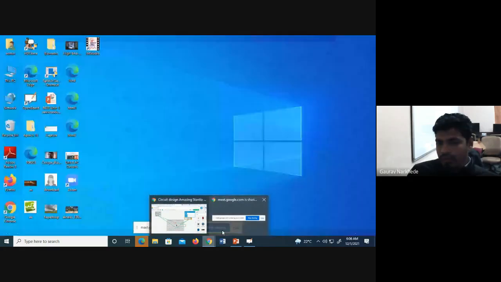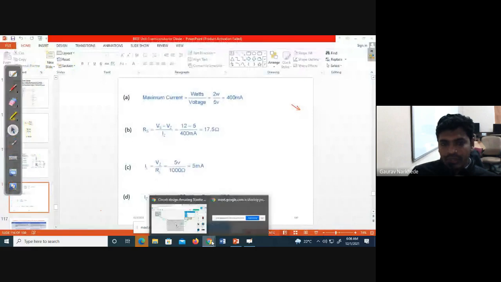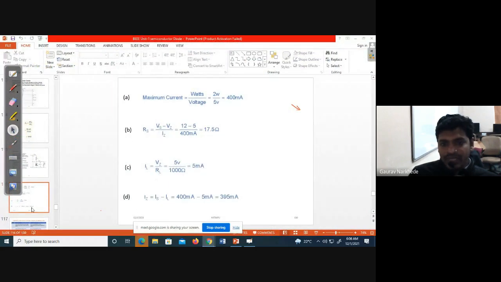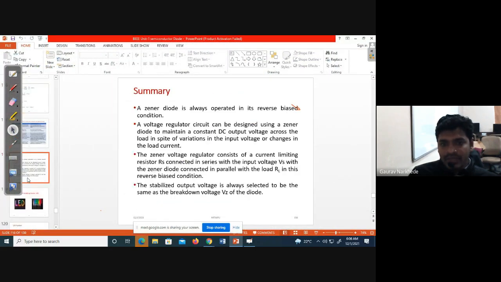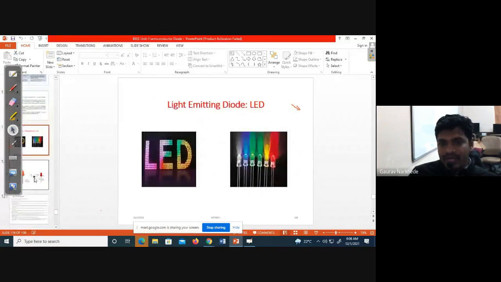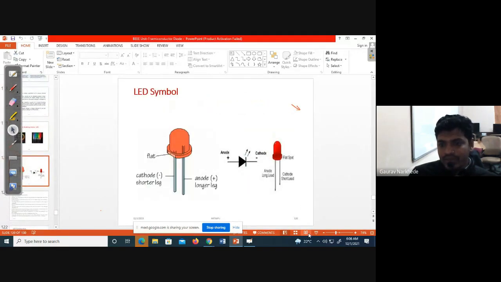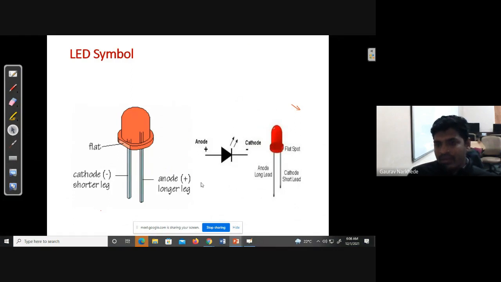Yes, sir. Okay, so now next part is, of course, we have LEDs, right? So LED क्या होता है? Light emitting diode. Okay, within quick session मैंने बताया था कि एक बार ये आप go through कर लीजिए। LED क्या होता है? It is a normal diode, लेकिन LED के सिंबल के ऊपर ये दो रे जो है वो इंडिकेट करते हैं कि this is emitting the light, right?